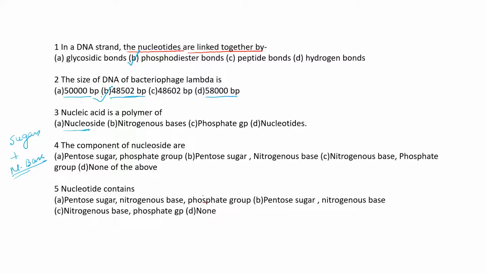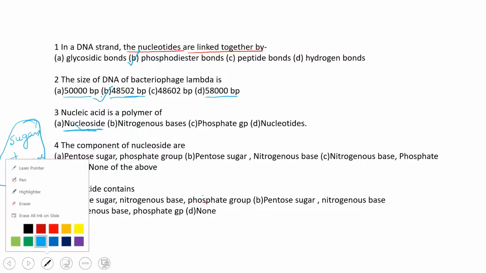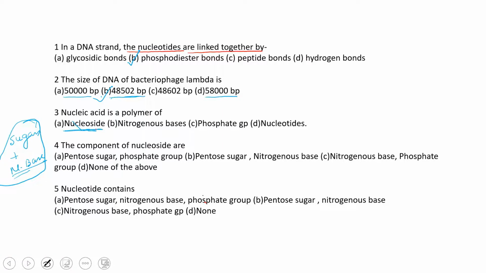So here, in nucleoside, only two of the components are present. So this answer is not possible, and we will delete it. Then comes nitrogenous base, which is only one component, so this is also not possible. Phosphate alone is not a component of nucleic acid, so this option is not possible.